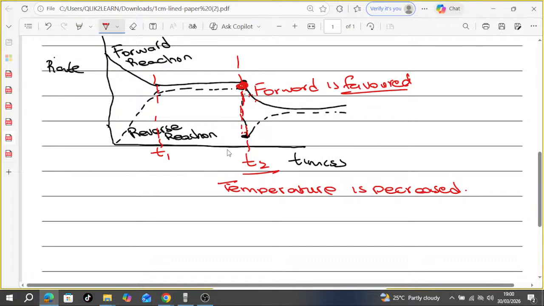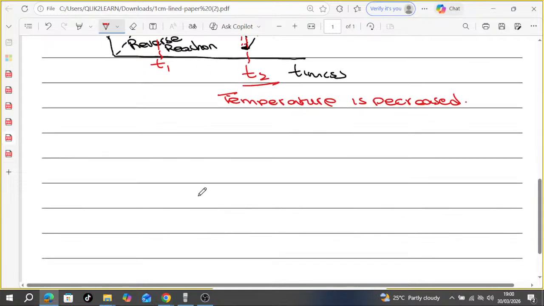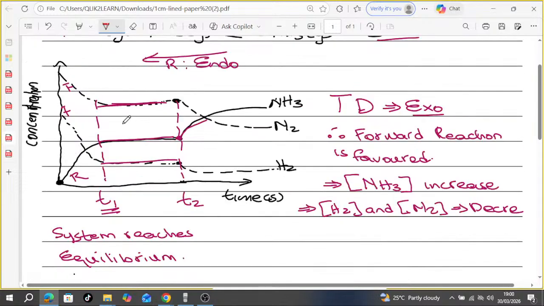I can't believe we still have to do pressure, and we still have to do concentration. I'm not sure if we can do pressure in 15 minutes. Can we do pressure in 15 minutes? I don't know, sir.